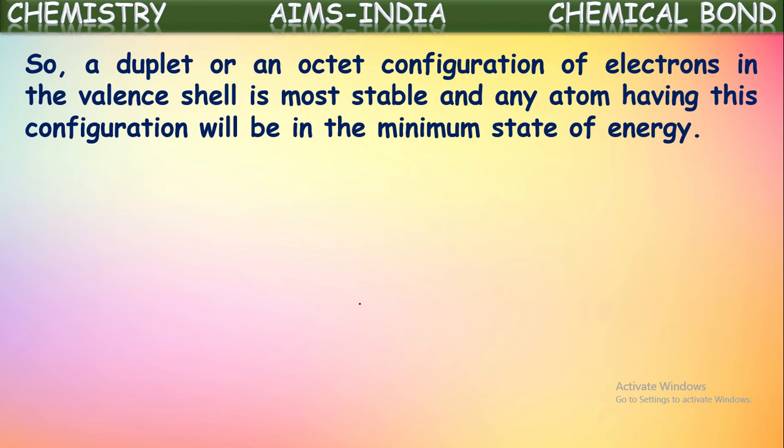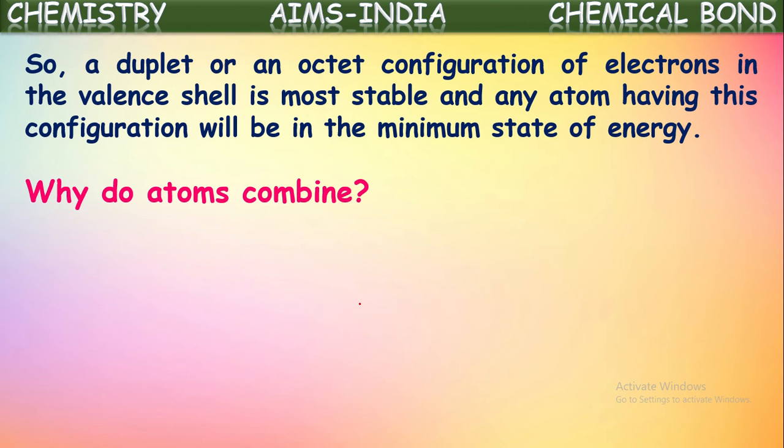If an element has greater energy, it will be least stable. If an atom or element has greater stability, it contains least energy, minimum energy. So it is observed that atoms with duplet or octet configuration have greater stability and a minimum state of energy.